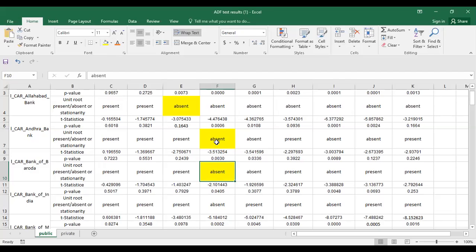So how to generate this series? For applying Granger causality, I'm just copying the name of the variable from here. I'm closing this data, and I'll start eViews again.